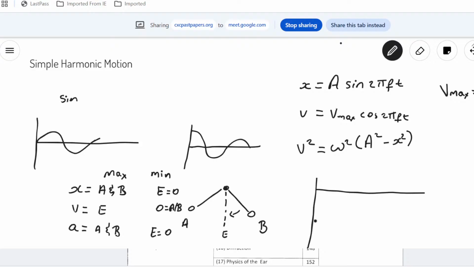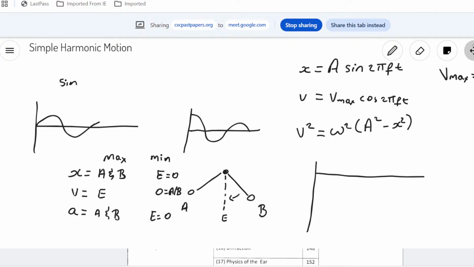Is it the same though? Remember what we said about the conditions for simple harmonic motion. What were the conditions again?